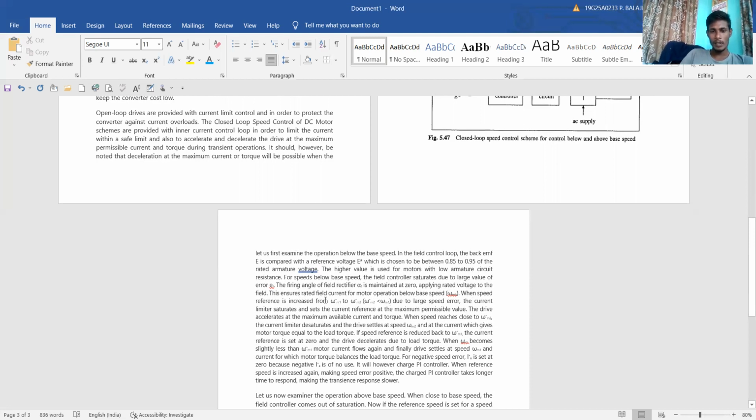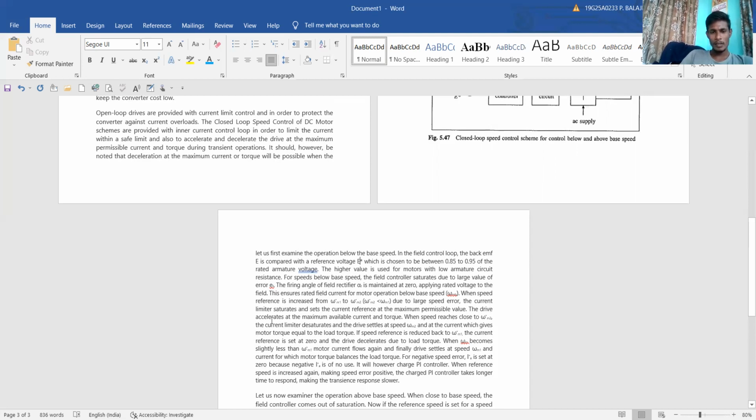When the speed reference is increased from Wm1 to Wm2, which is greater than W1, due to large speed error, the current limiter saturates and sets the current reference at the maximum permissible value.